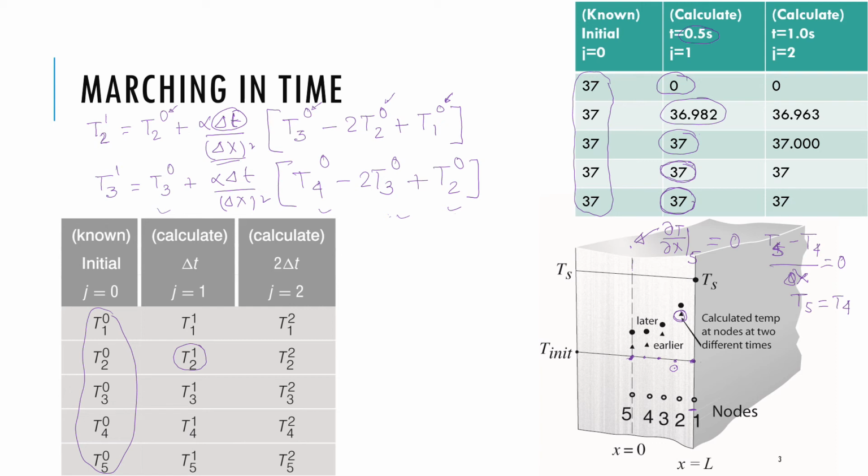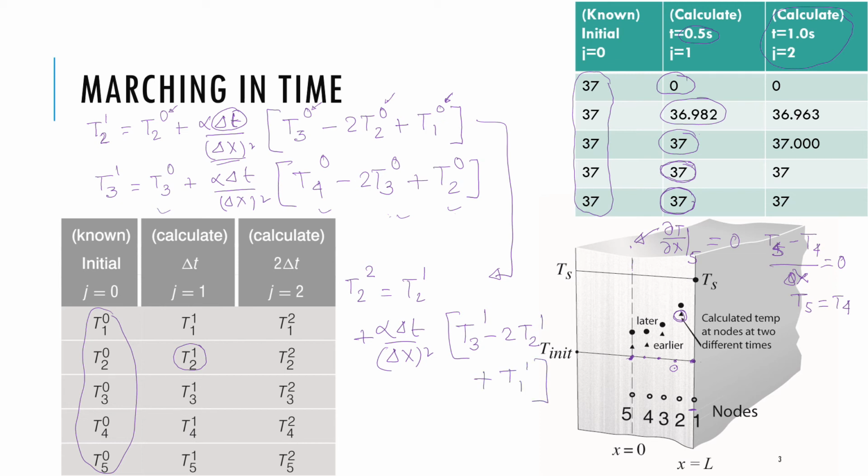And so we can now progress to the next time step, and that's going to look something like, let's say this one at the next time step is going to be T2 at 2 is equal to T2 at 1 plus alpha delta t over delta x squared times T3 at 1 minus 2 T2 at 1 plus T1 at 1.